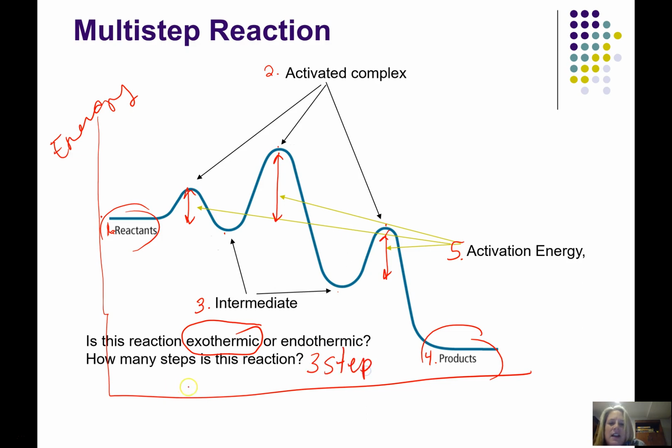How do you know? All you got to do is, I like to say, just count the bumps. Count the bumps. 1 step, 2 step, 3 step. Boom. All right. So that's all you have to be able to do with these energy diagrams: label it, determine is it endothermic or exothermic, and then how many steps.